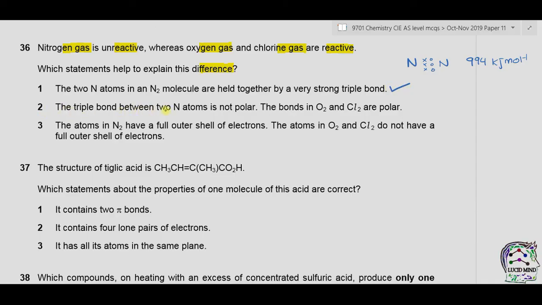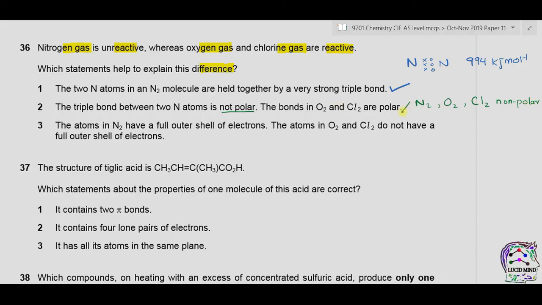2. The triple bond between two nitrogen atoms is not polar. The bonds in oxygen and chlorine are polar. This is an incorrect statement because none of the bonds in nitrogen, oxygen and chlorine is polar, as they are atoms of the same element. So nitrogen, oxygen and chlorine, all three are non-polar.